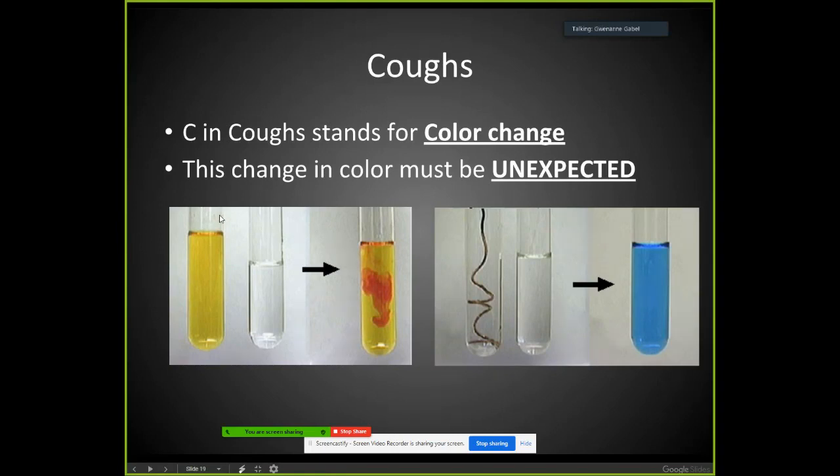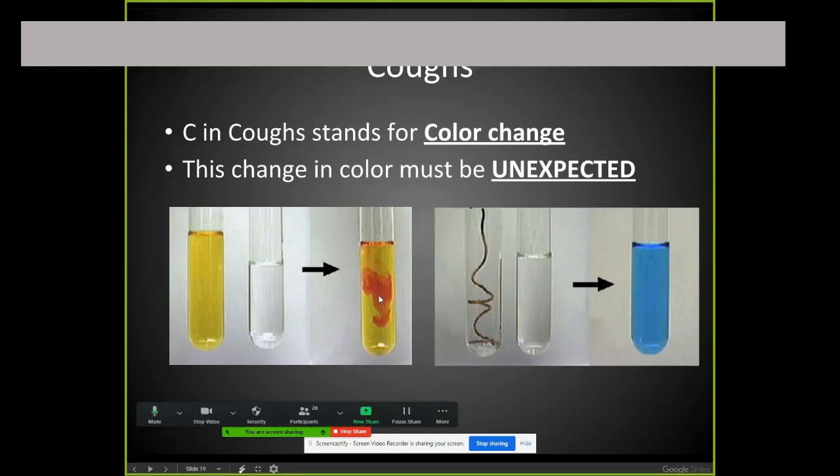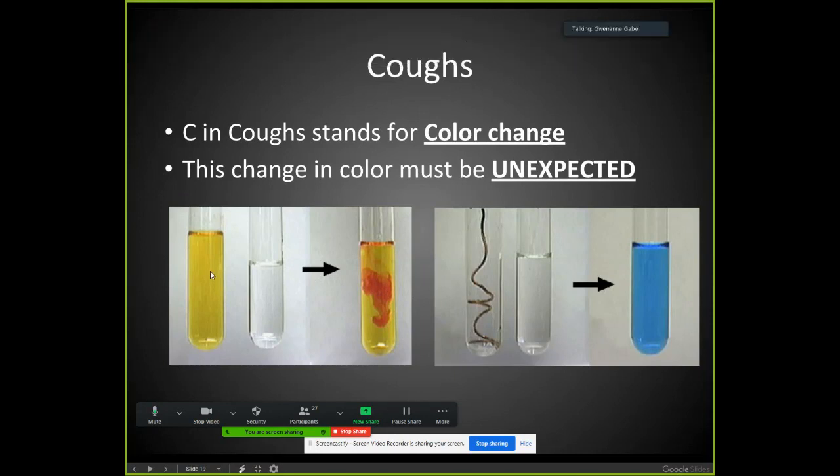Coughs, unexpected color change. So we have yellow and we have clear, and when they were mixed, it made red. That's unexpected. If we mixed yellow and blue and got green, that's expected. Yellow and blue mixed together make green. But yellow and clear making red, not expected. That's different and surprising.